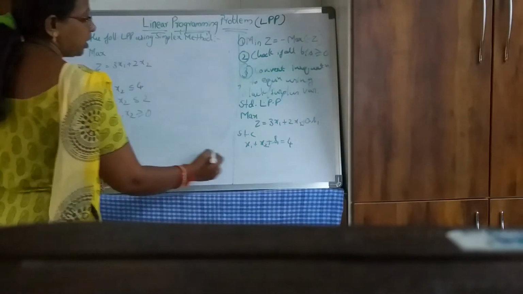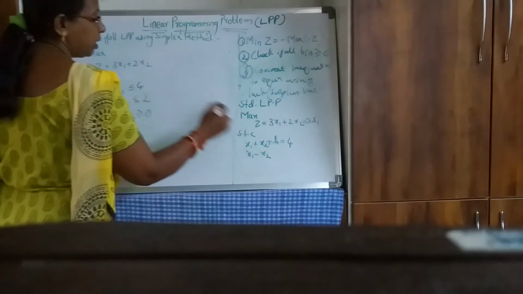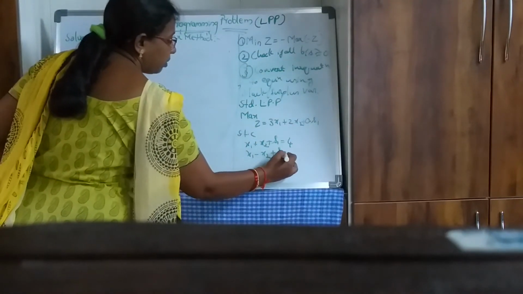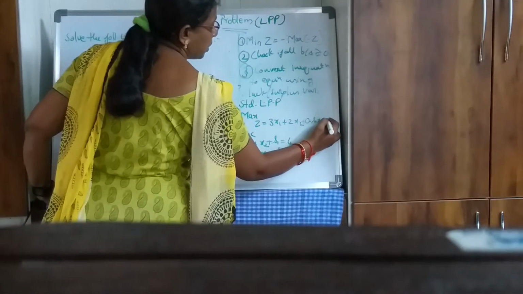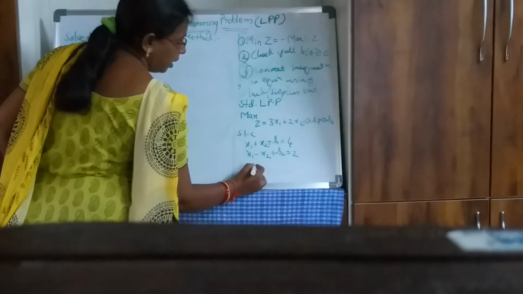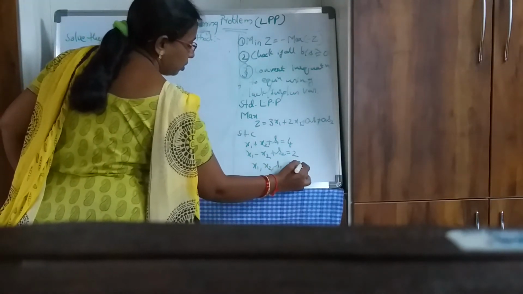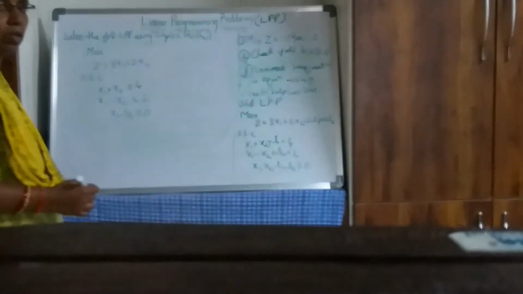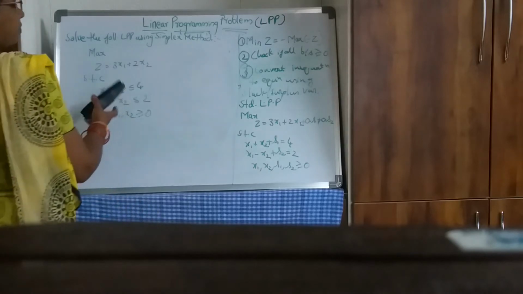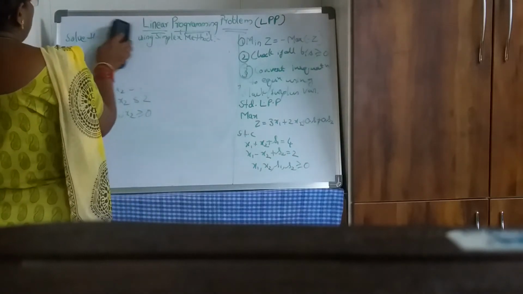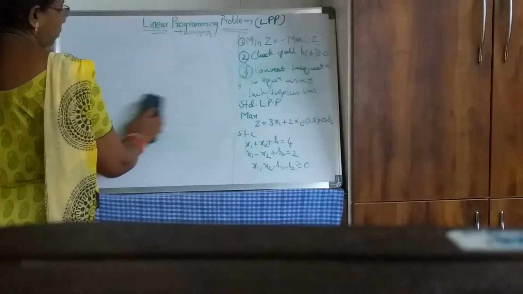Similarly, the second constraint x1 minus x2 is again less than or equal to 2, so I'll add another slack variable s2, equal to 2, and its cost in the objective function is 0. And x1, x2, s1, s2 are greater than or equal to 0, so the slack and surplus variables are also non-negative variables. Now I have converted that problem into a standard linear programming problem, and now I can solve it.